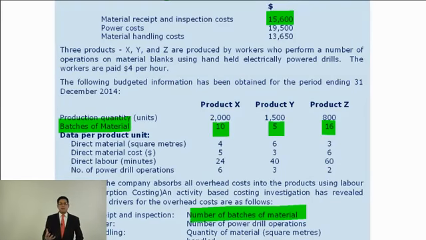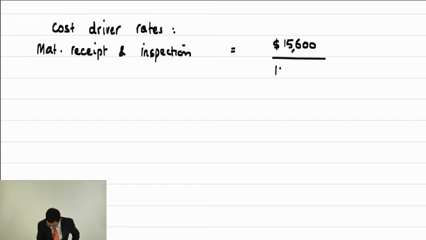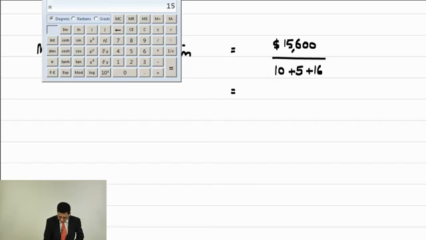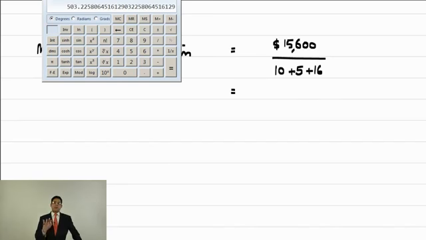Examiner told us the number of batches to be used, which are 10, 5 and 16. Or if you fancy, add them up, which is 31, and that works out the material receipt and inspection cost per batch. So 15,600 divided by 31, we get approximately, as you can see on the screen, 503.23.